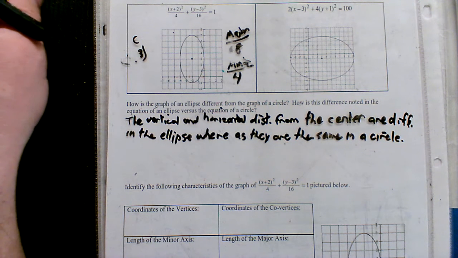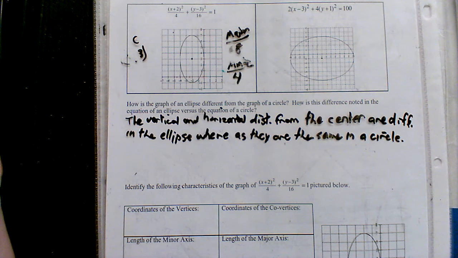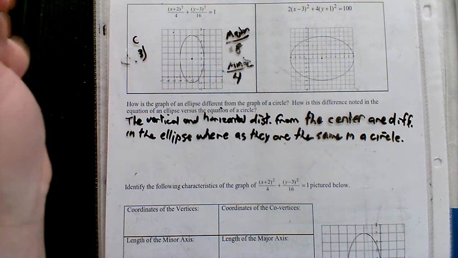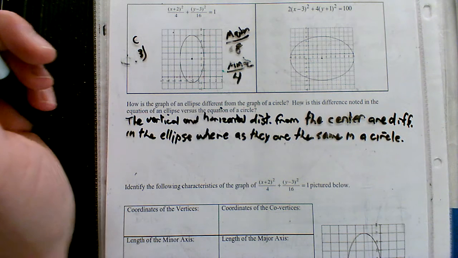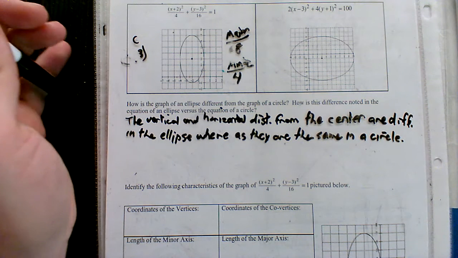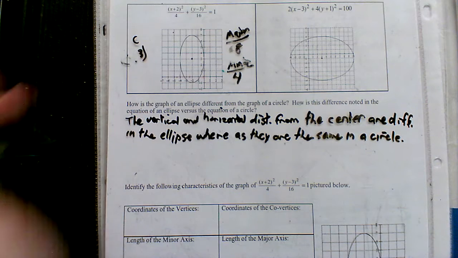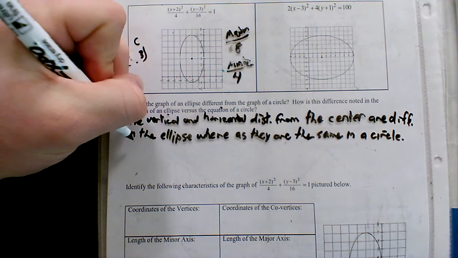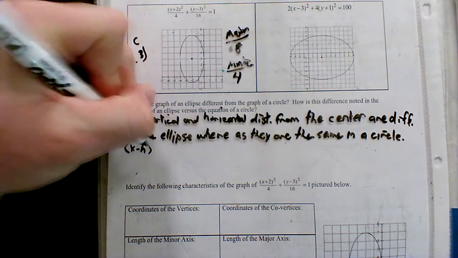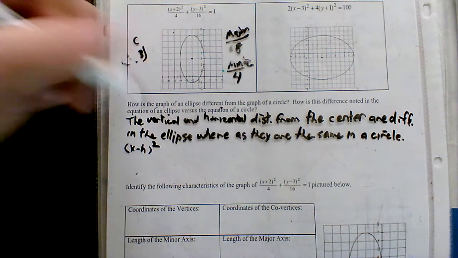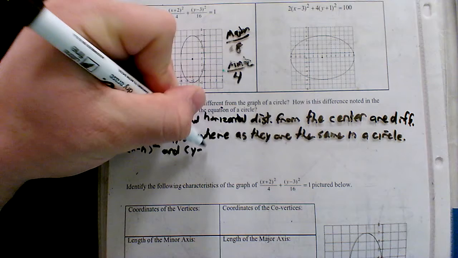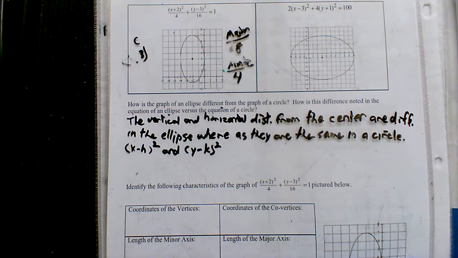Maybe with their equations. Differences between an ellipse equation and a circle equation. Right? Sorry, what was that? Oh, fraction. So we have the x minus, we're going to use h part since we don't actually have a value, squared, and the y minus k squared.